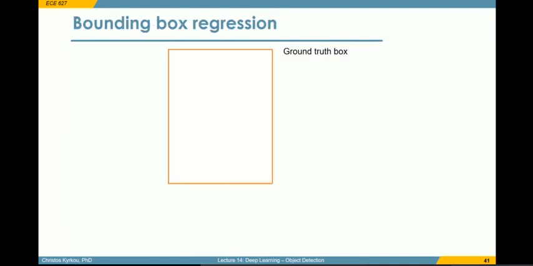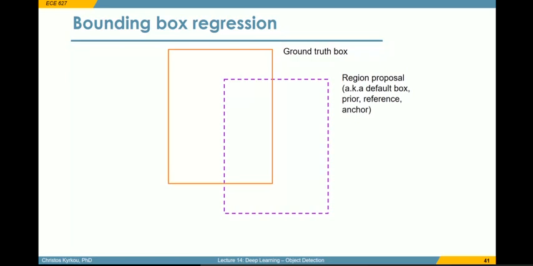This is an example of what intuitively happens when we train for the bounding box regression. We first have the ground truth box. Then the selective search algorithm proposes a box which may have some deviation from the original ground truth.